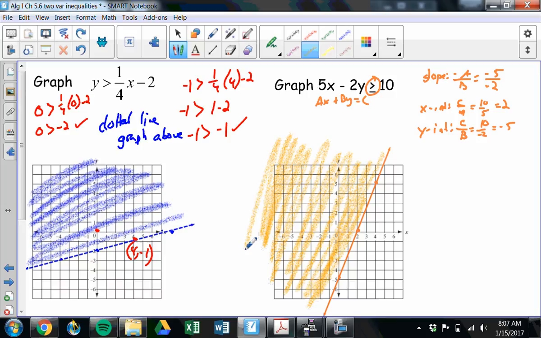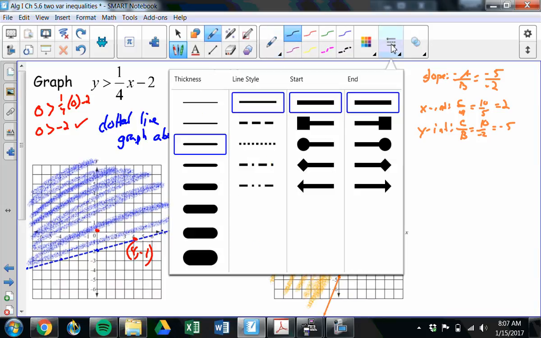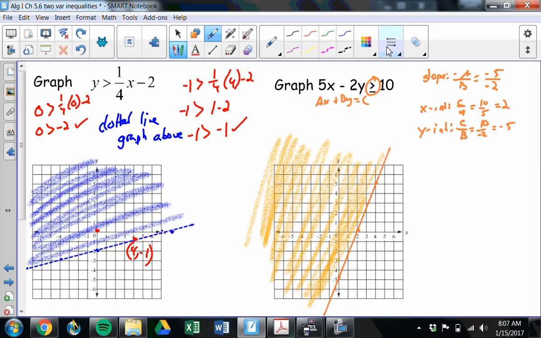I'll pick the point 0, 0 again because it's easy. You can always plug in the point 0, 0 to see if it works. I'm going to see if that point in my shaded region works. If I plug in 0 for x, I get 0 minus 0. That was weird. 0 minus 0 is greater than or equal to 10. 0 is not greater than or equal to 10. It doesn't work.